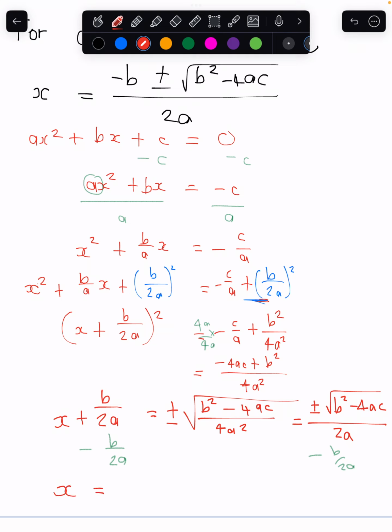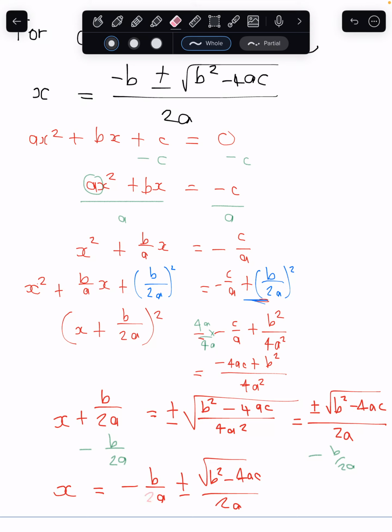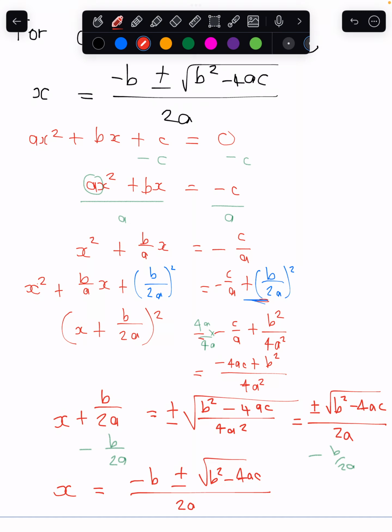So then x will be minus b over 2a plus or minus root b squared minus 4ac. But we notice that these both have the same denominator, so we can actually just put them over the same denominator. So that will be minus b plus or minus square root of b squared minus 4ac over 2a.